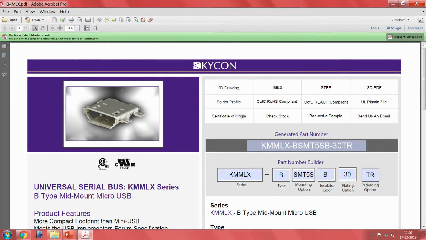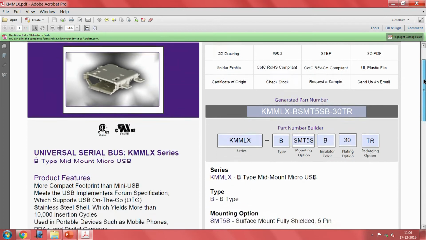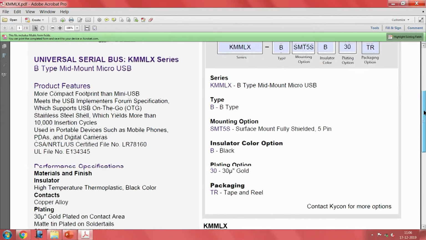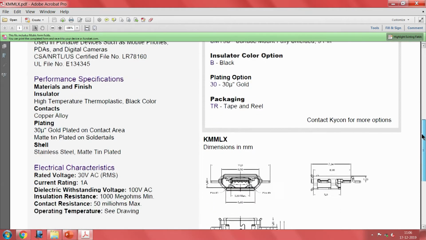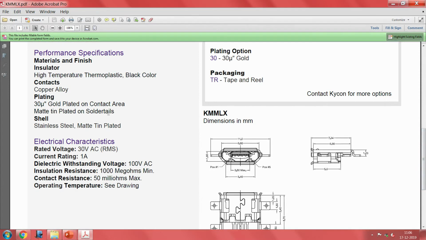For our clarification, they have also given a picture so that it is easier to identify. You have seen various other things given here. One of them is the material, the contact, and 30 micro inch gold plating, and on the solder side, tin plating.